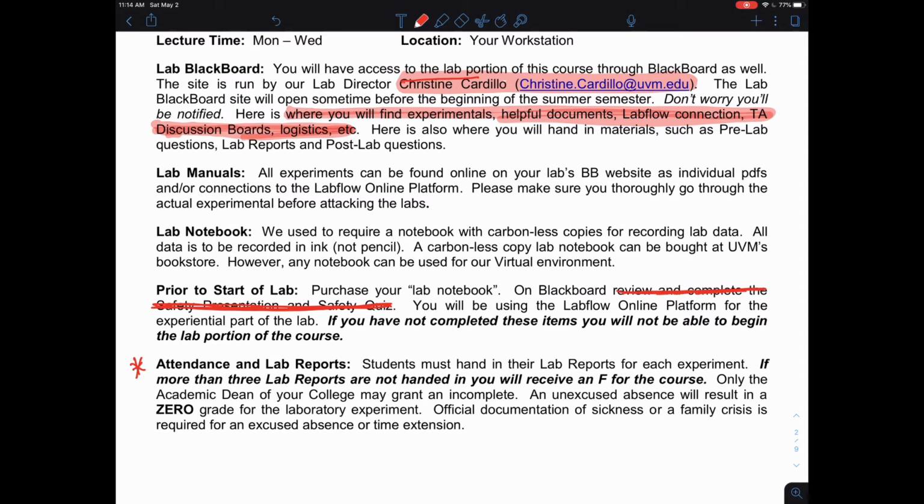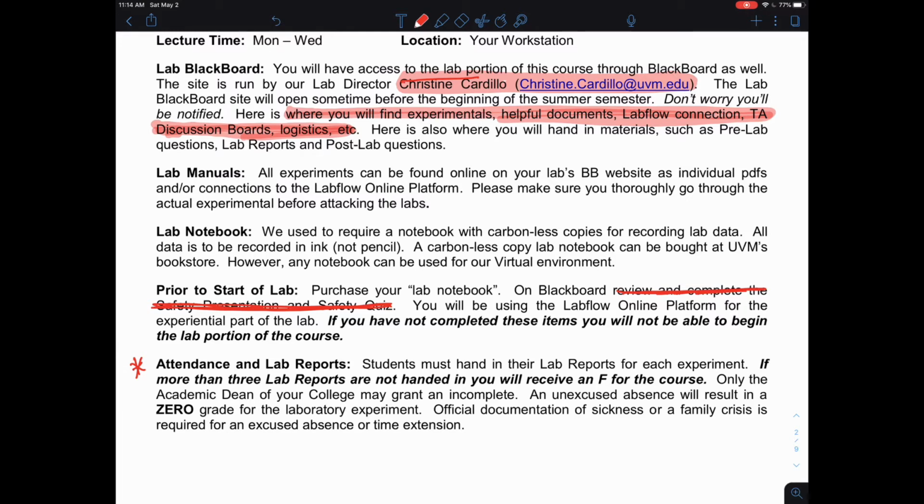There's some videos, demonstrations helping you out with some of the equipment concepts that are being used and tested. And with that, it comes pre-lab questions to make sure that you've actually looked at the experiment and done the preliminary work. It's like a pre-lab quiz, I guess you could say. So once a lab opens up, let's say on Monday, then you have a pre-lab quiz that you need to hand in on that Monday.